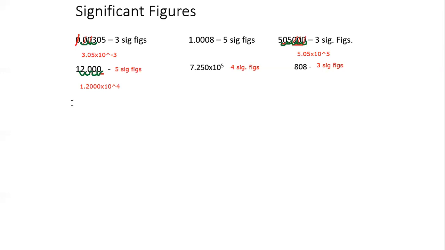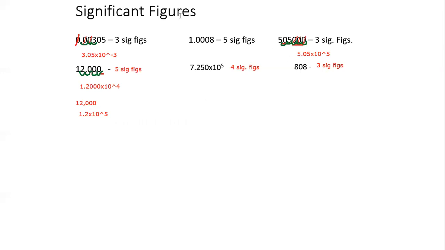So let's say we just had 12,000. You would still move the decimal point 5 places to the left. But when you wrote it in scientific notation, it would just be 1.2 times 10 to the 5th. So see the difference when there is a decimal point and when there is not.